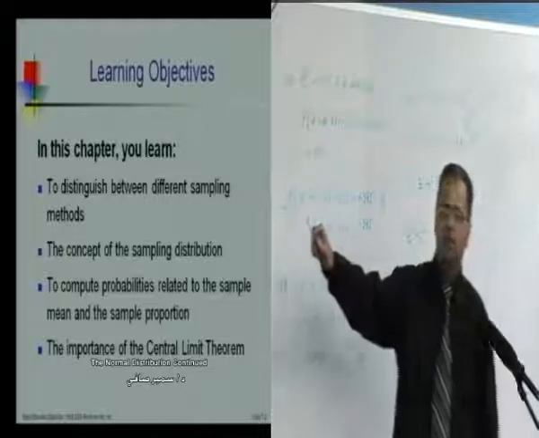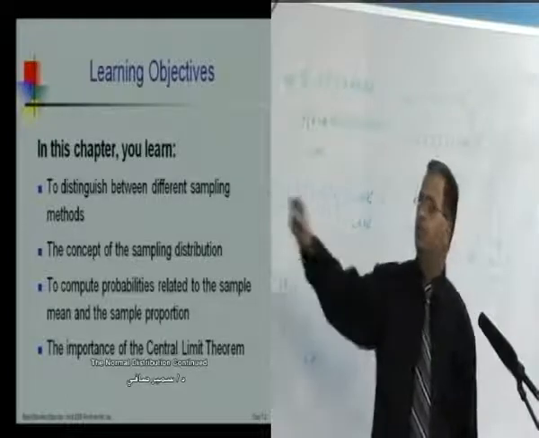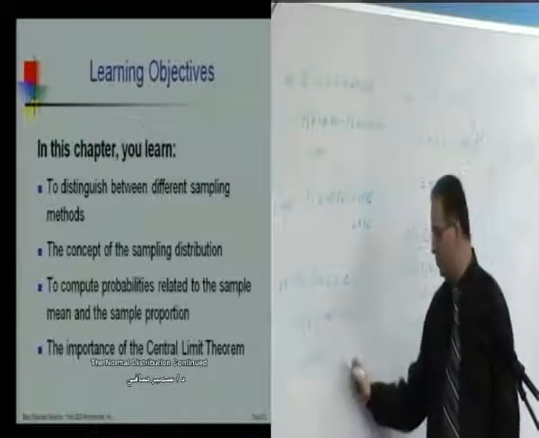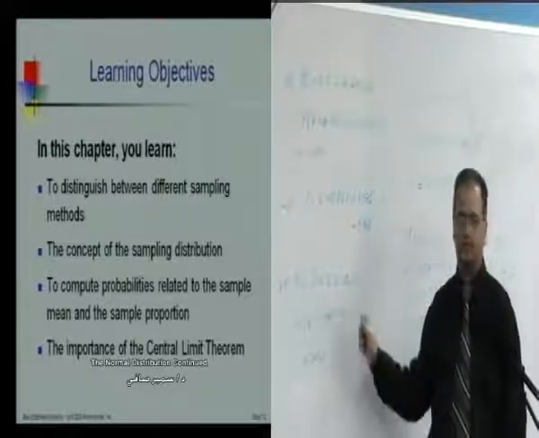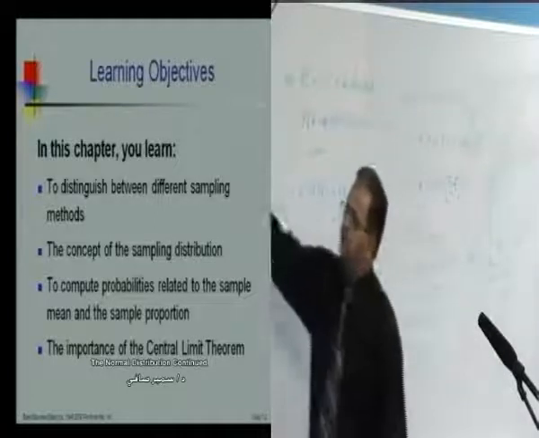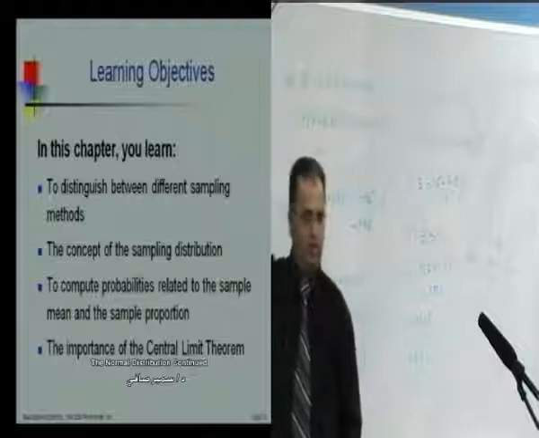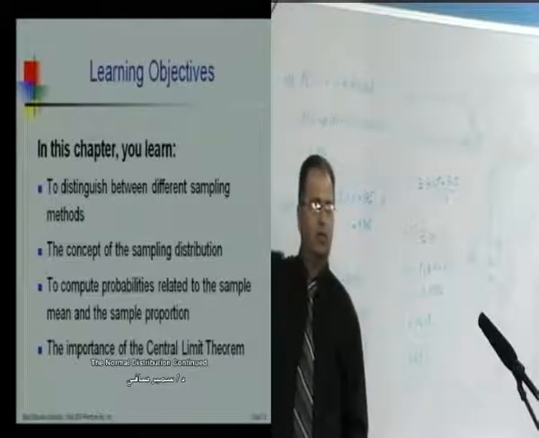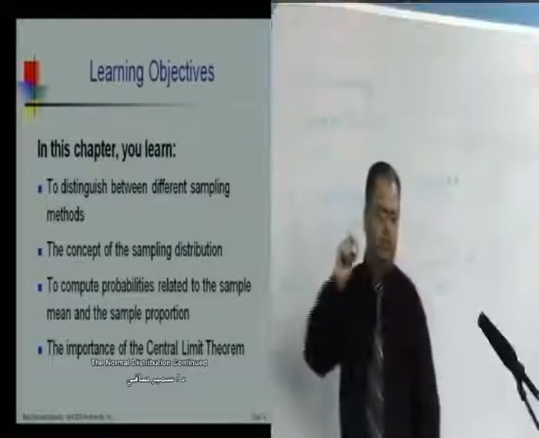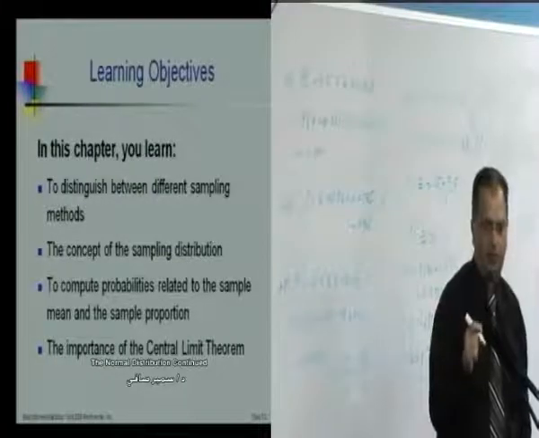Number 3, to compute probabilities related to the sample mean, not the exact value of x. So here we are looking for the probability of x bar smaller than 1.5. In this case, to compute these probabilities, all the concepts in chapter 3 should be understood.